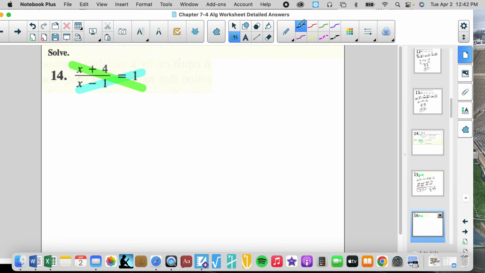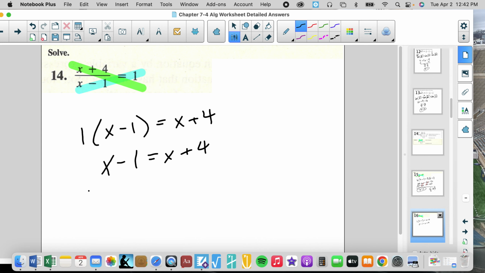So we have 1 times x minus 1 equals x plus 4. x minus 1 equals x plus 4. We get a very interesting situation already where this is a different one. Now this is no solution.